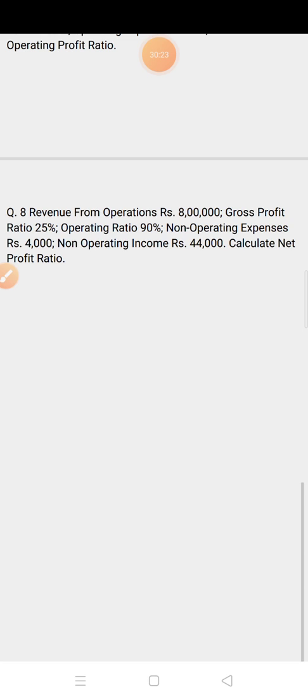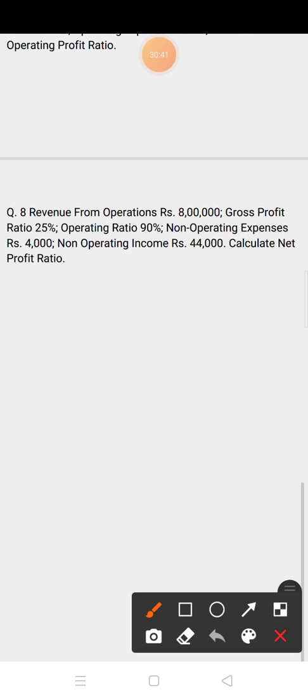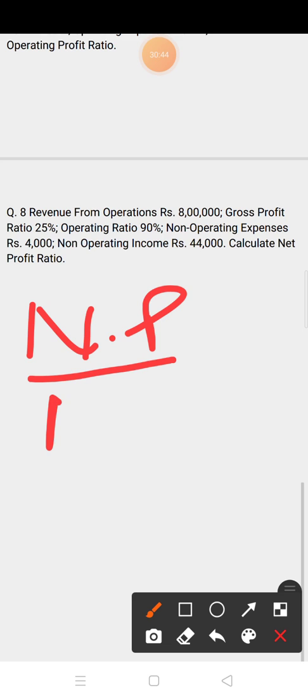Now the next and the last question is revenue from operation 8 lakh, gross profit 25%, operating ratio 90%, non-operating expenses 4,000, non-operating income 44,000. You have to calculate net profit ratio. And net profit ratio formula you already know, that is net profit upon net sale into 100.